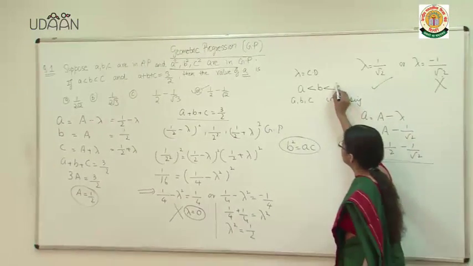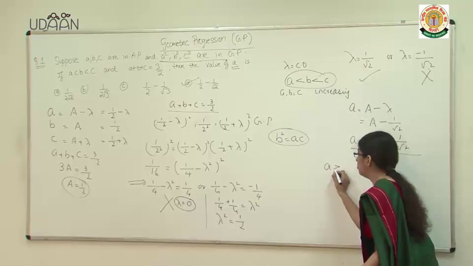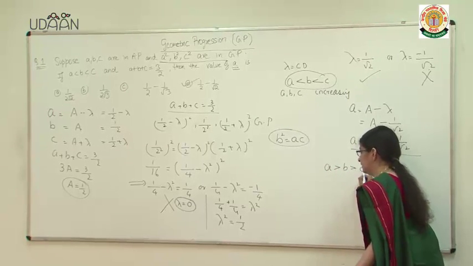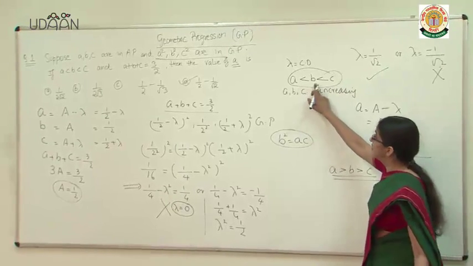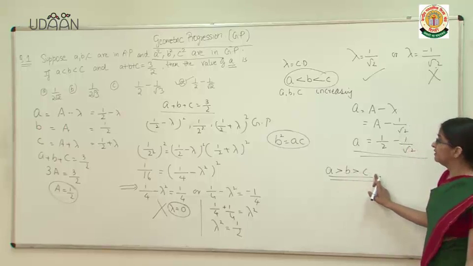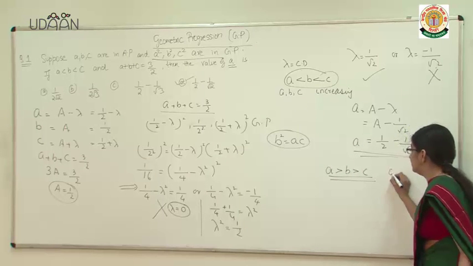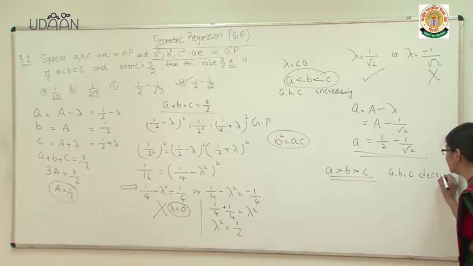Suppose the condition given is A more than B more than C. Everything else is the same, only this condition changes. Instead of A less than B less than C, had the condition been A more than B more than C, what does it mean? The sequence ABC is a decreasing sequence.